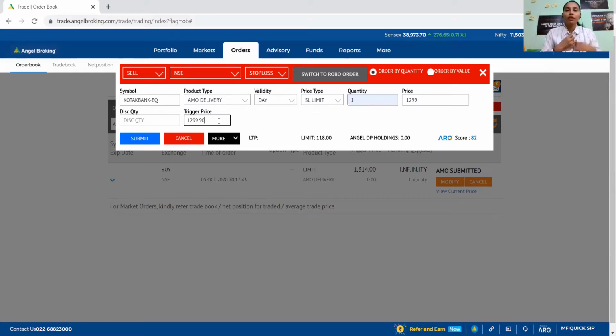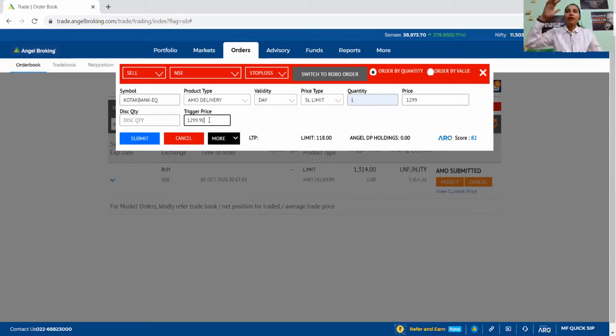Okay, so here I bought the share at 1314, and my stop loss is 1300. So if it goes below 1300, that is 1299, I can just say. And between trigger price and price, there is a small difference. Why do we place this?